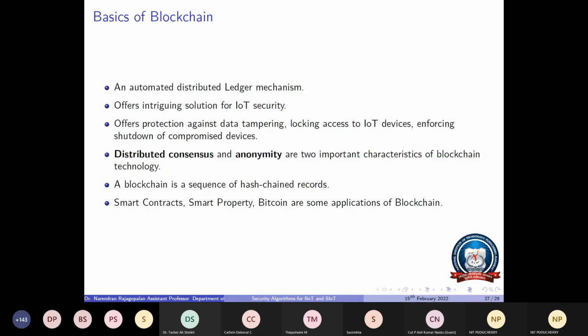A blockchain is basically an automated distributed ledger mechanism, which is able to offer a solution for IoT security. It protects against data tampering, locks access to IoT devices, and can also shut down some compromised devices.